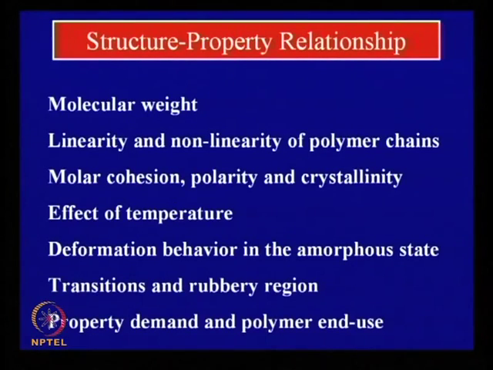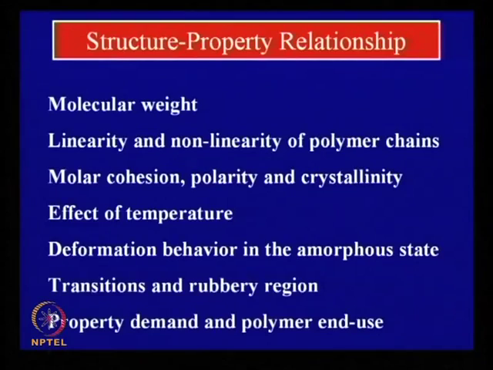So, linearity and non-linearity of polymer chains actually influence the properties of a polymer system. Do you understand? How the properties of those polymers are available, and in which way they influence their behavior, linear polymer or branched polymer or cross-linked polymer.